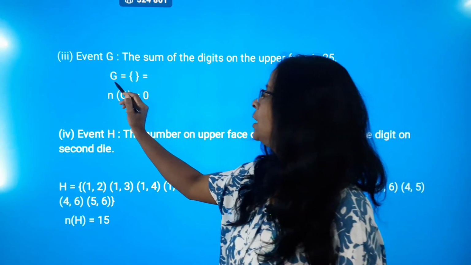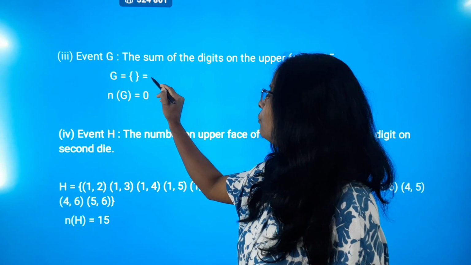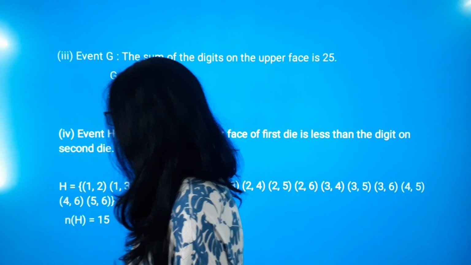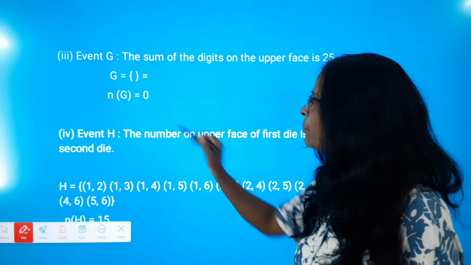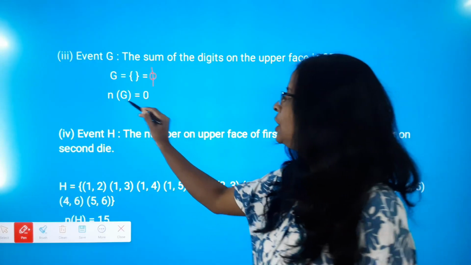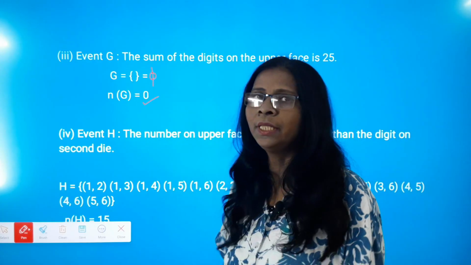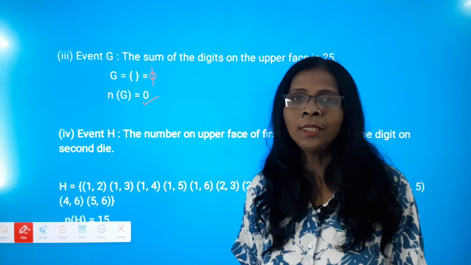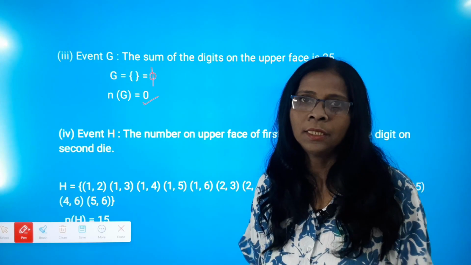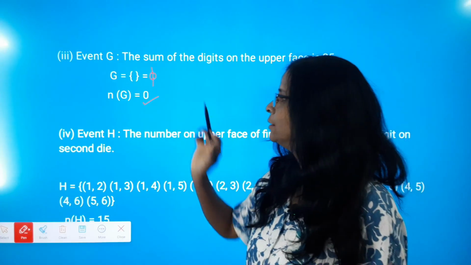So here we say G is equal to phi, the empty set. So n of G is equal to 0. There is no single element, so this is the empty set, and that is denoted by phi.